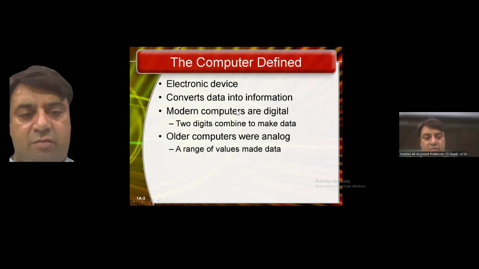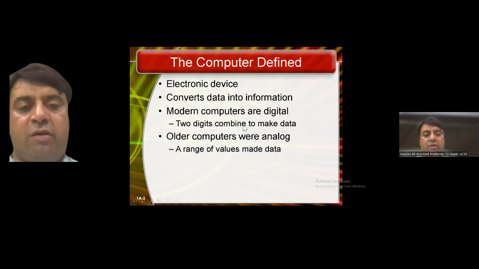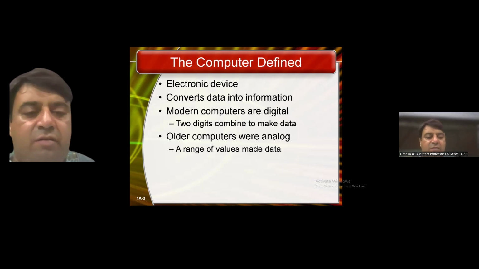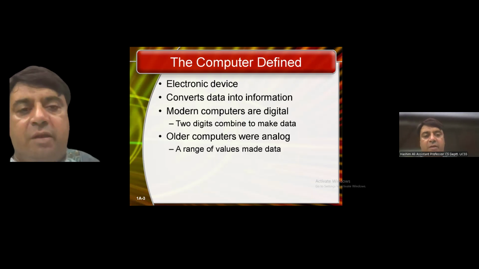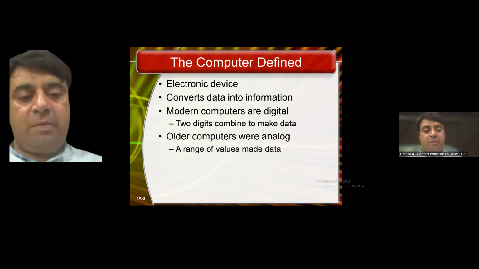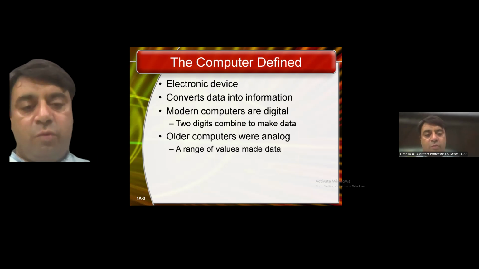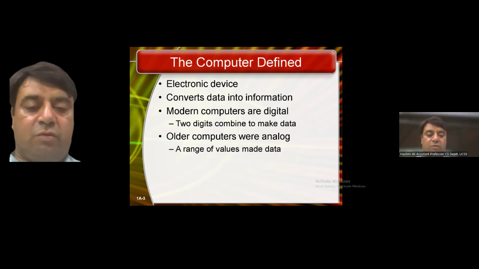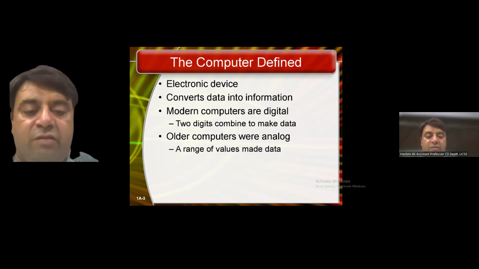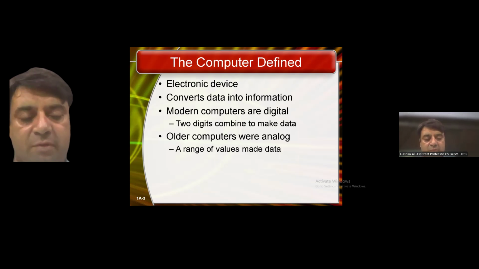Modern computers which are used nowadays are digital computers, as they only understand a language of 0 and 1, which we call binary language. And this binary language is actually understood by the computers. The older version of the computers were analog computers. They could only understand a various range of values, which eventually made up the data.